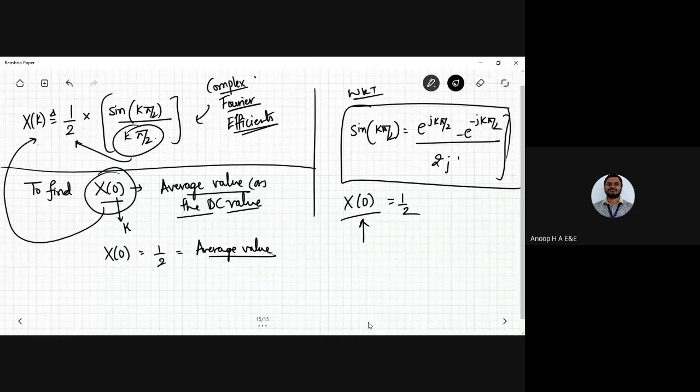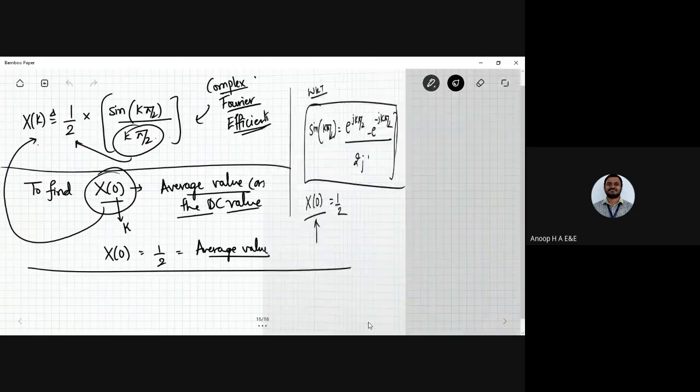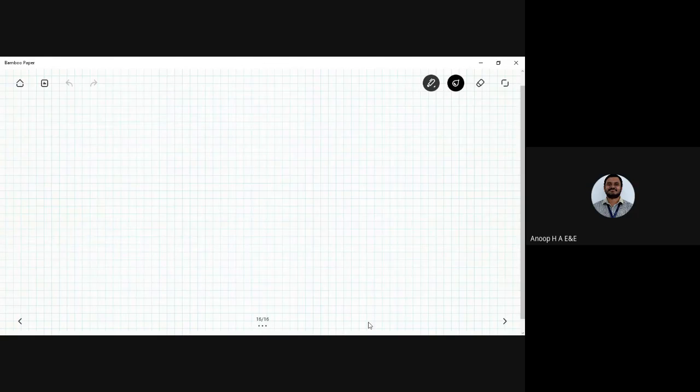Fine. So now what I'm going to do here is, we know that we need to express this in terms of the exponential Fourier series. The representation has to be done in the case of the exponential Fourier series, for the function x of t that is given there.